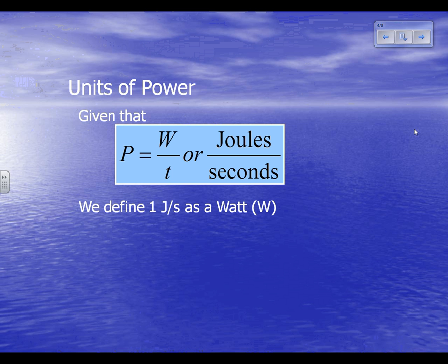And we in the science community have defined 1 joule per second as 1 watt. And yes, that's the same watt when you talk about a 60-watt light bulb. A 60-watt light bulb is giving off 60 joules of energy every second. If it's one of the old incandescent kinds, most of that energy is heat.